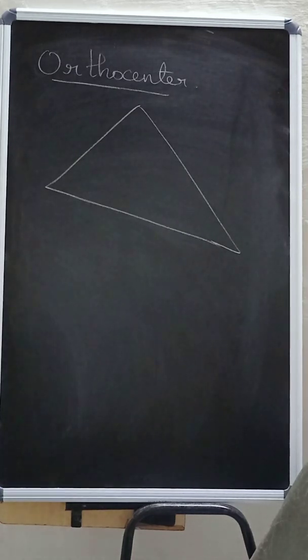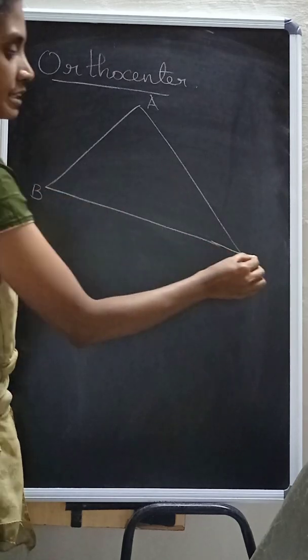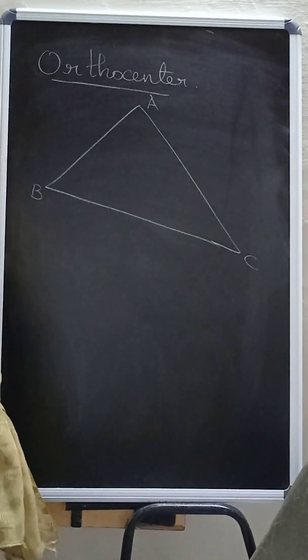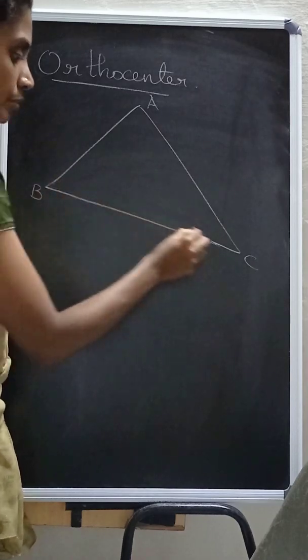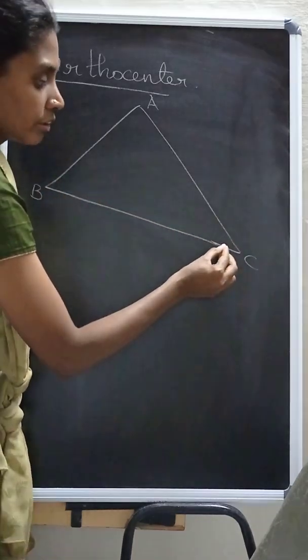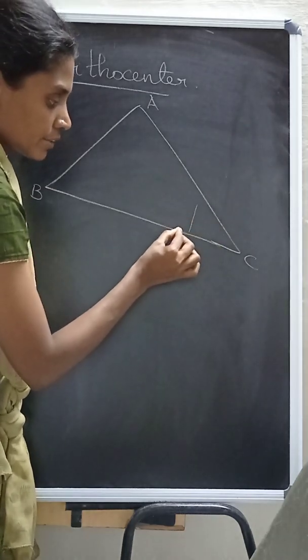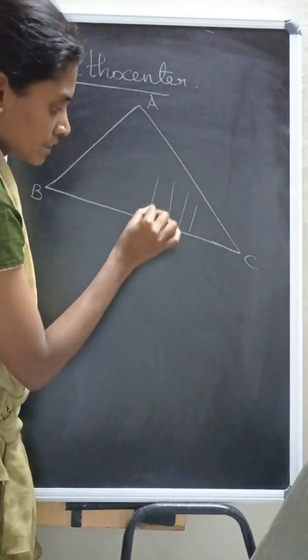Next, orthocenter. You have a triangle ABC. Now, the altitude of the triangle, or you can also say that as height of the triangle. Now see here, BC is there. You can draw a number of lines perpendicular to this line, right? That is 90 degrees.